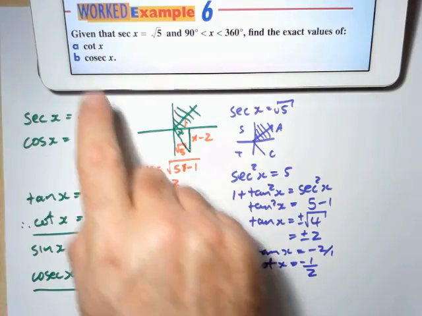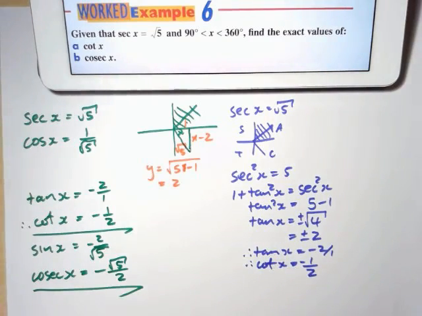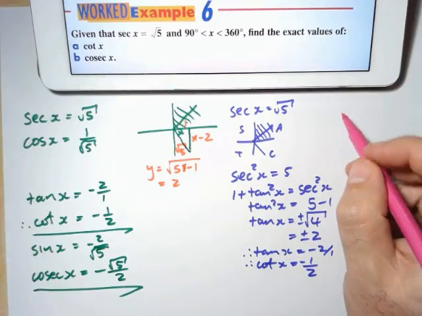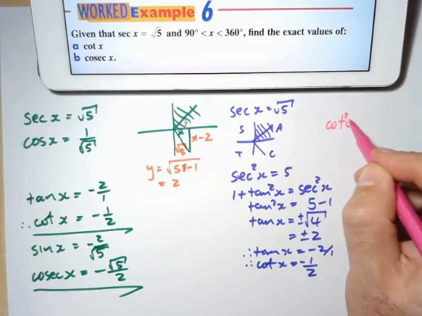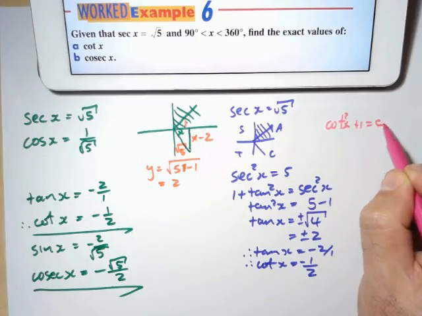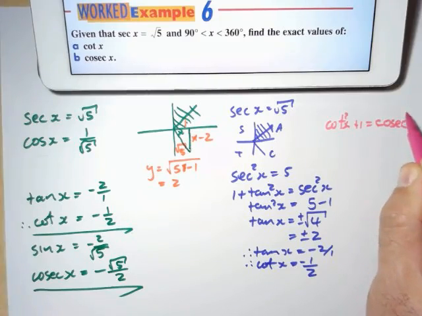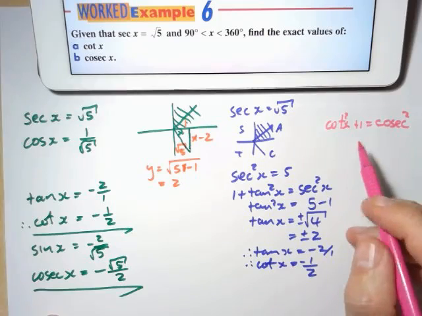You can also find cosec x by using your Pythagorean identities: cot squared of x plus 1 equals cosec squared of x.